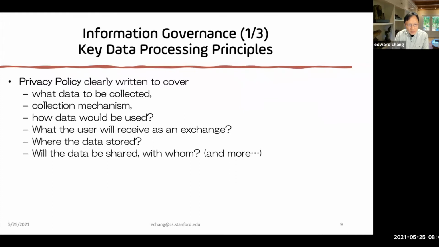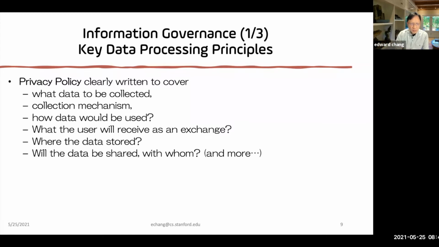So privacy governance and policy must be clearly written to cover the following. I will talk about GDPR and CCPA separately, but they are very similar. Only about one or two items have slight differences. So the policy is clearly written and just sent to the user. The user needs to consent.